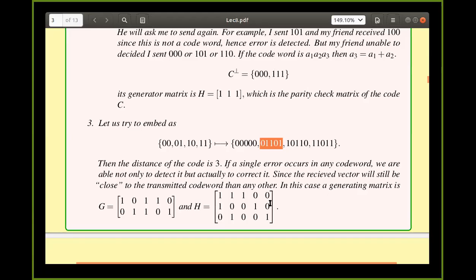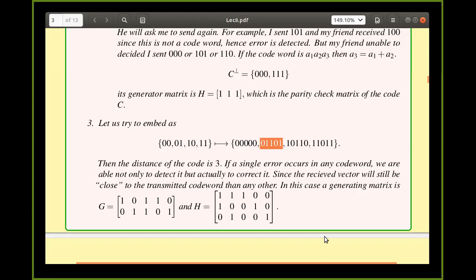Or H times G transpose is equal to the zero matrix, right? It is sufficient to check with G. If all the rows of H are perpendicular to the basis vectors, then they are perpendicular to the entire code also. That's the advantage of a linear code. Anyhow, C perp otherwise also will not come.